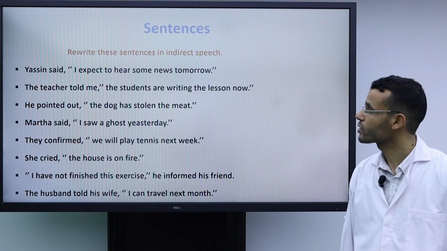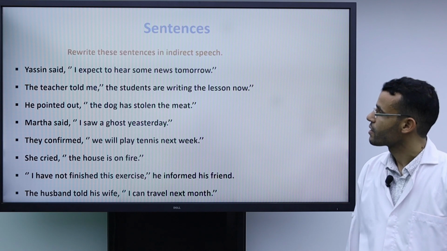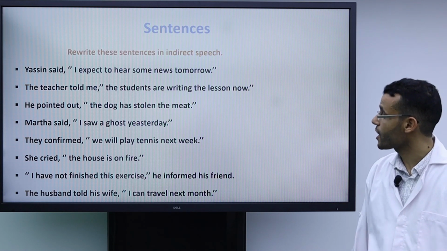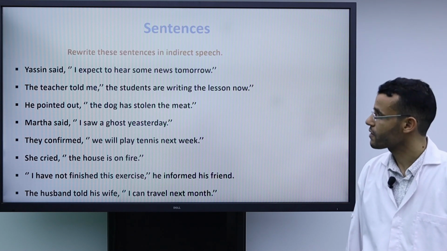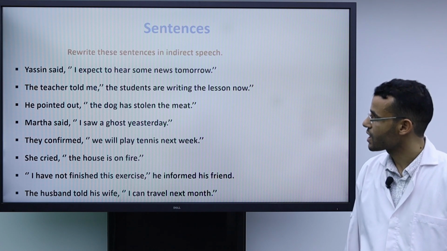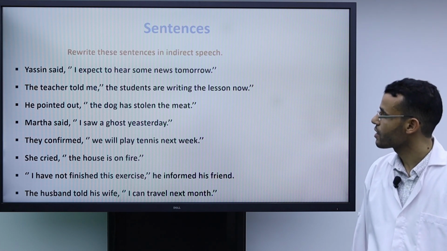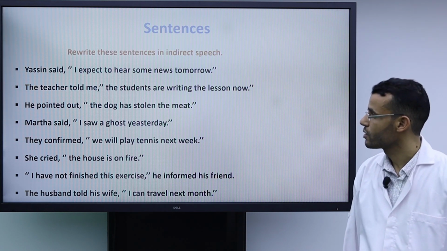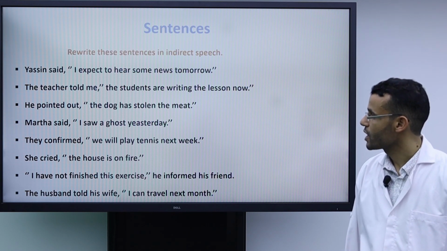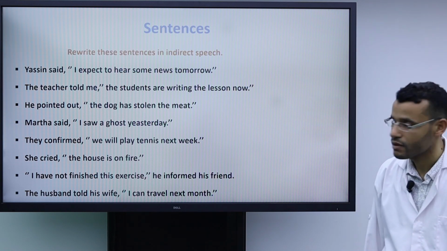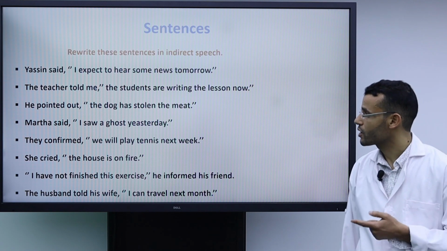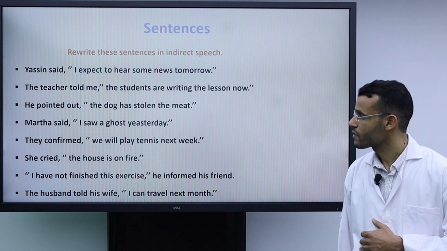How are we going to transform them? So rewrite these sentences in indirect speech. First sentence: Yassine said, I expect to hear some news tomorrow. The teacher told me the students are writing the lesson. He pointed out the dog has stolen the meat.